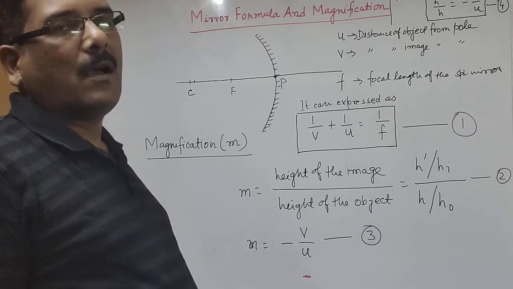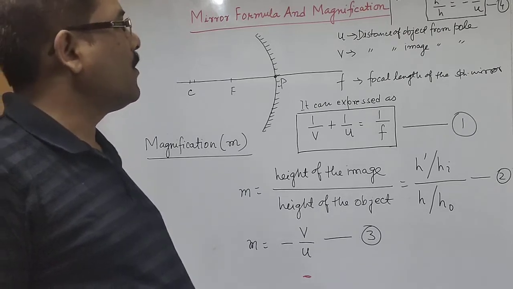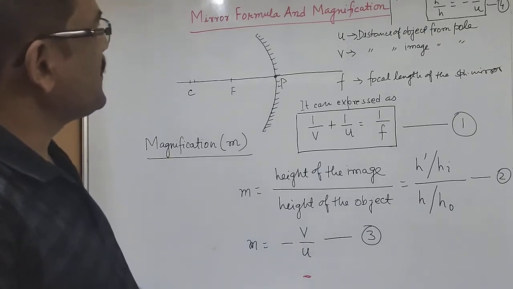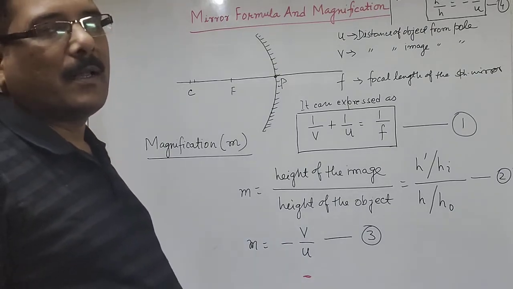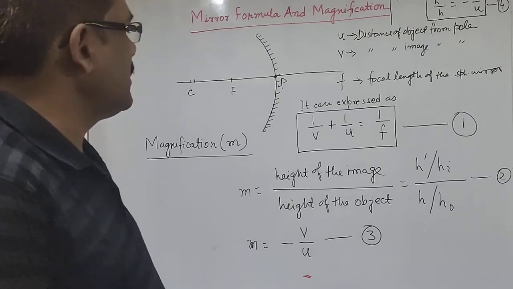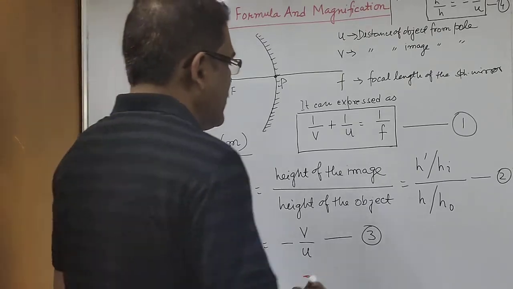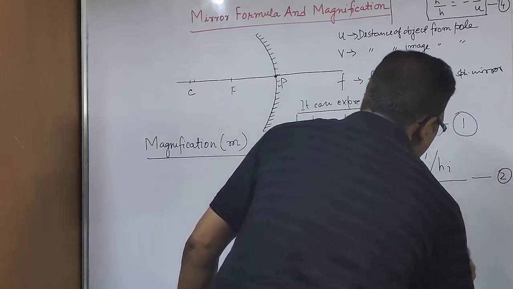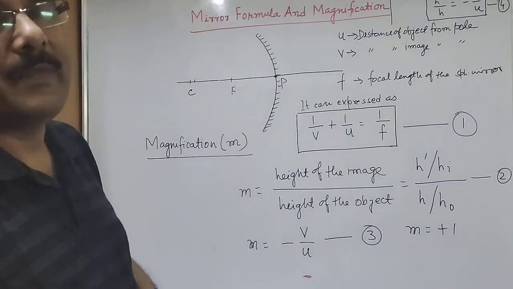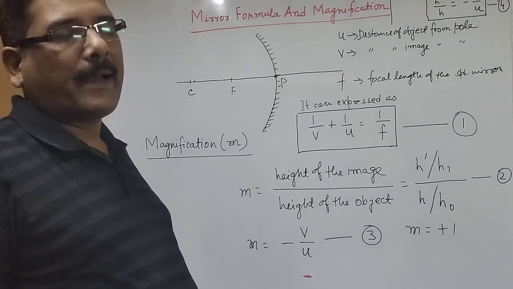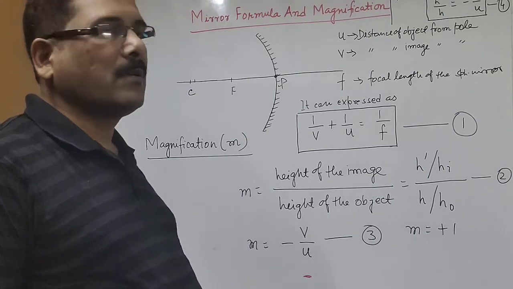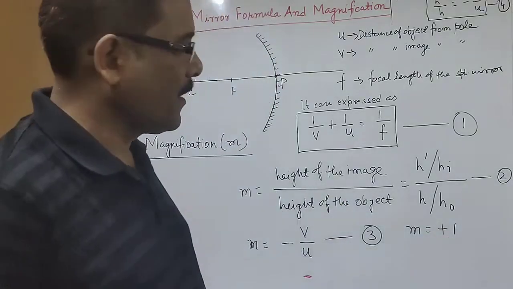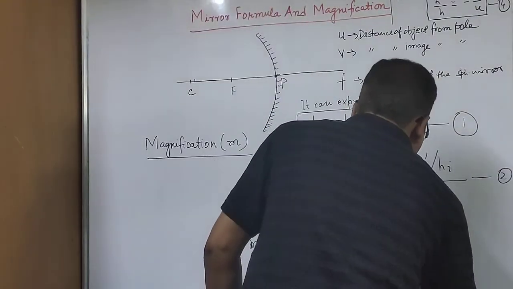Now let us see how we can use these formulas to solve the numericals. But before that, you should have the concept of what magnification means. Suppose the magnification produced by a mirror is plus 1. What is the meaning of it?